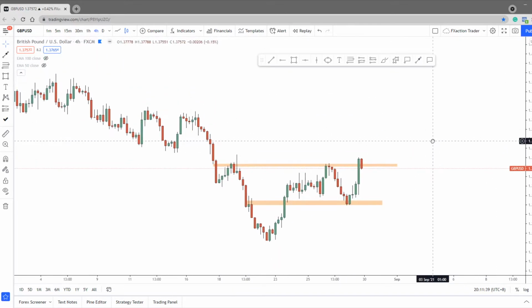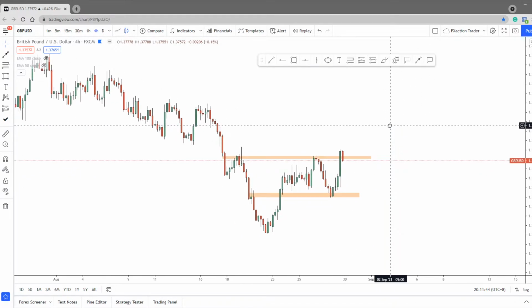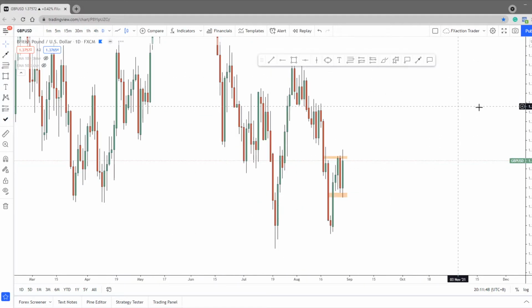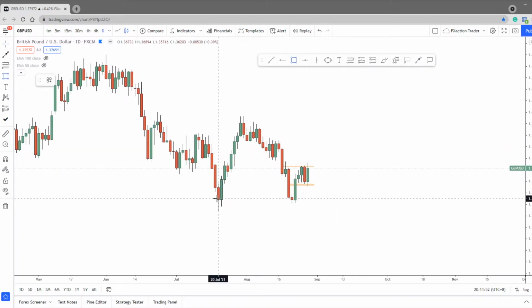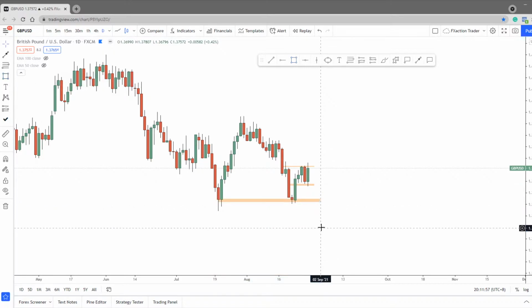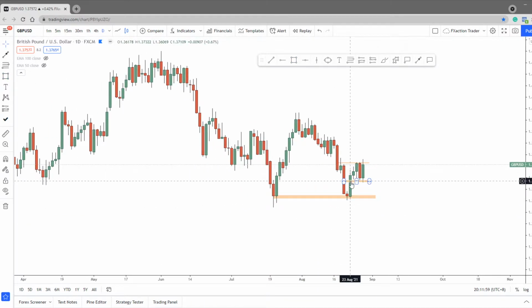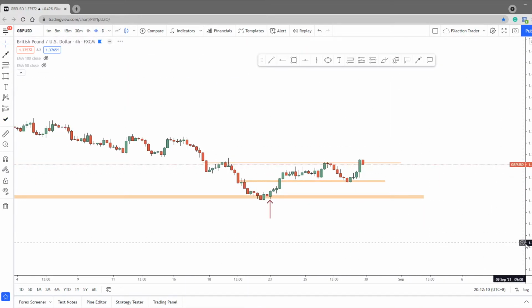So this week, we'll be more focusing on a buy trade based on this current trend on H4. And on the daily chart, we can see that market was actually respecting this previous low or previous support at 1.36. Market was not able to make a nice breakdown below, and we can see that the bullish momentum started to accumulate at this level, and market just broke up higher and higher.